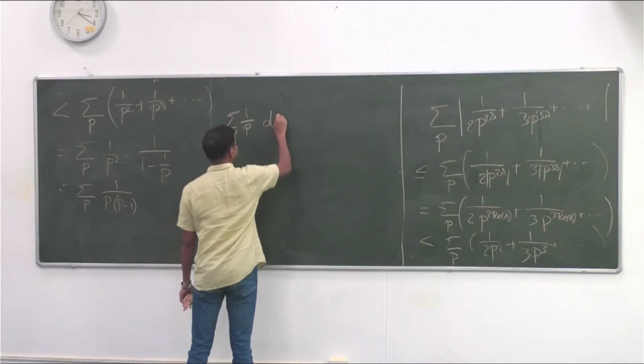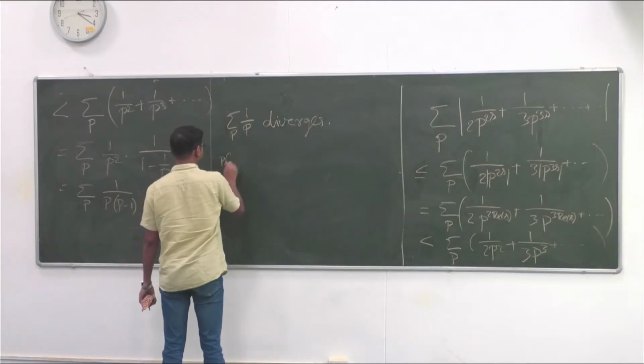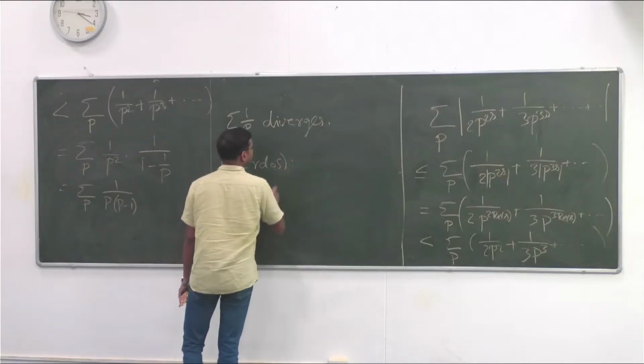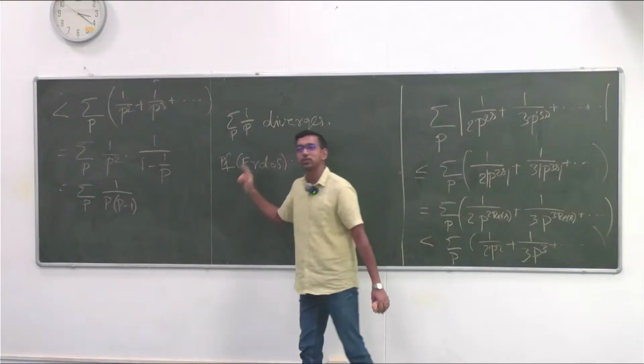The sum of 1 by p diverges, and this is a proof by Erdős. It's a very nice argument. Otherwise, assume that it converges.